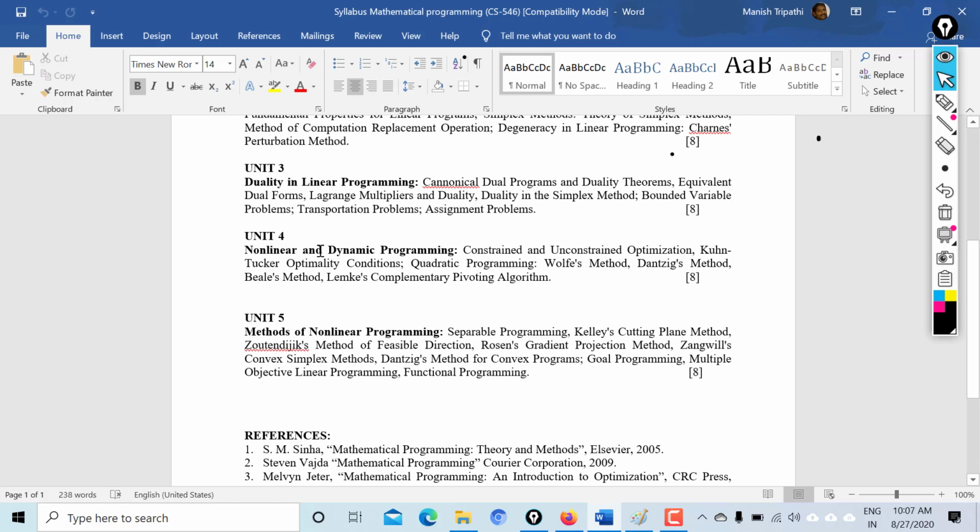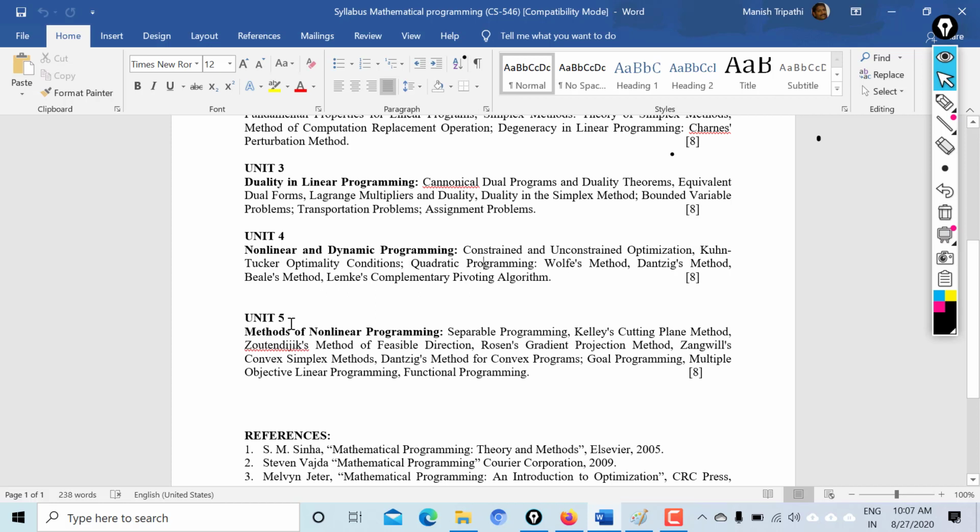In unit 4, nonlinear and dynamic programming will be discussed: constrained and unconstrained optimization, Kuhn-Tucker optimality condition, quadratic programming, Wolfe method, Beale method, Lemke complementary pivoting algorithm.